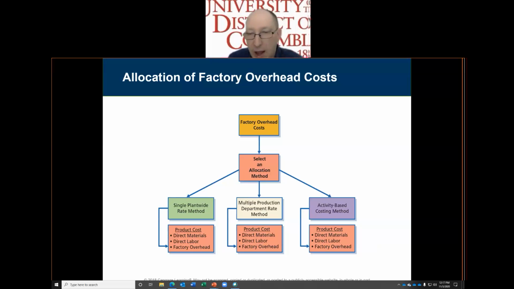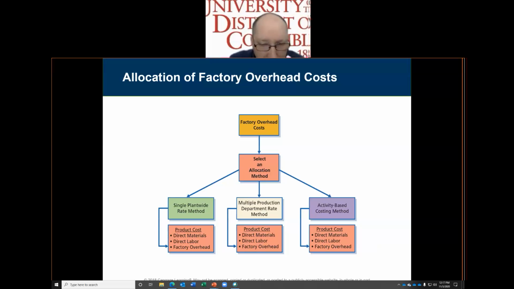we have to figure out how we're going to apply factory overhead. What we learned about briefly before is called a single plant-wide rate method. We discussed that very briefly in Chapter 16. I think a little bit in 15 too.